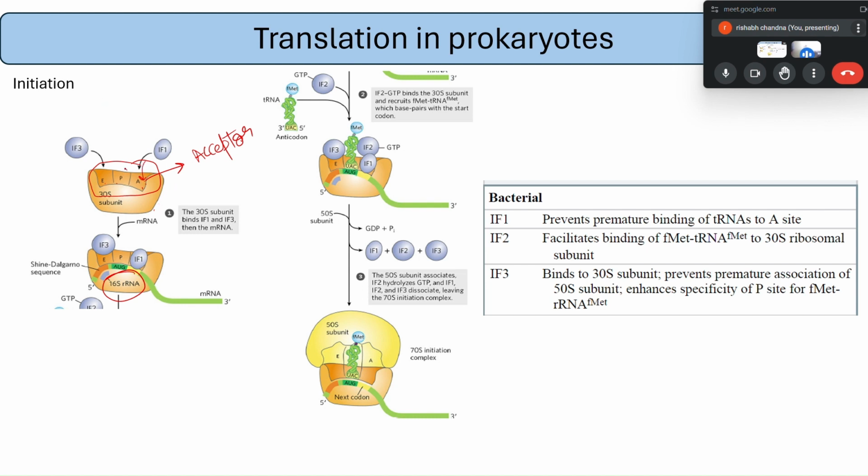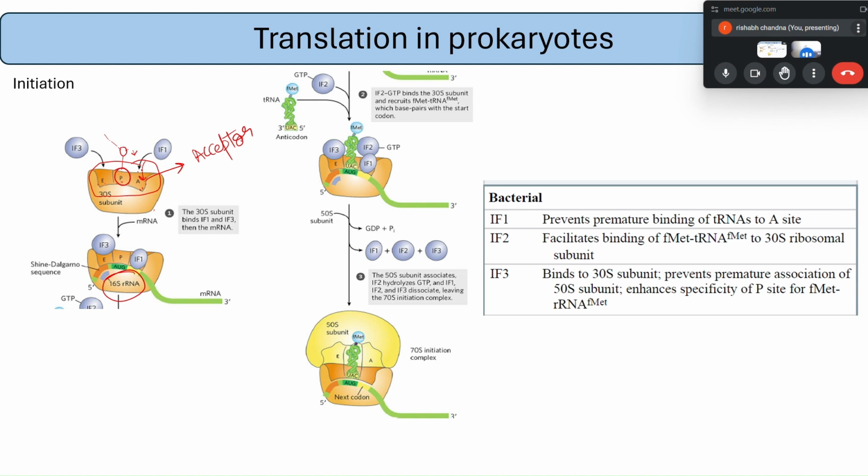The P site is the peptide bond formation site. Whenever an amino acid tRNA enters the A site, it will move to the P site, and on the P site, the amino acid that was present will form a peptide bond to the amino acid present on the A site. And then comes the E site.